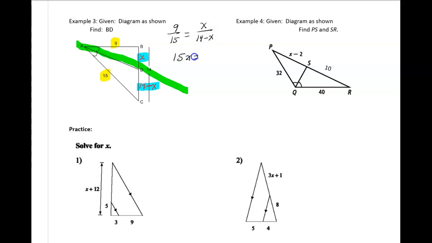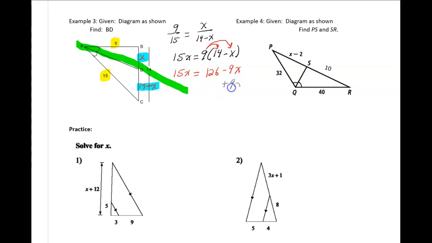Multiplying, you get 15x is equal to 9 times 14 minus x. Distributing, so 9 times 14 is 126, so make sure you distribute the 9. So you get 126 minus 9x is equal to 15x.